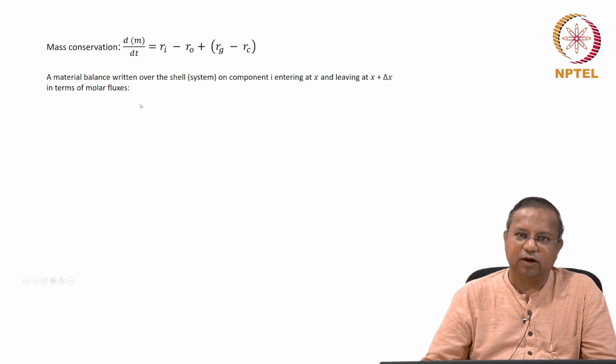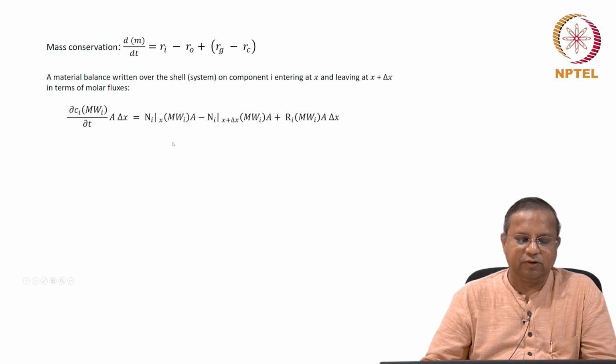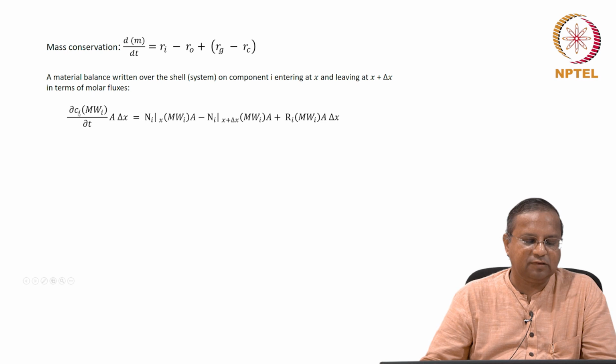in terms of the molar fluxes of I, we could write this ∂/∂t of the mass. Since it could vary with time and space, I have just given the more general partial derivative here, it does not matter. The mass is concentration times the molecular mass or molecular weight.